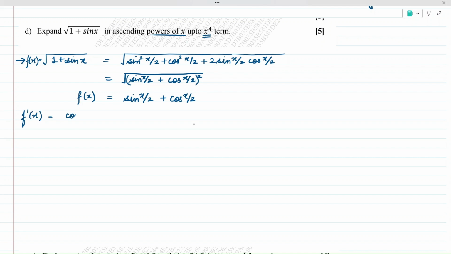Sin का डेरिवेटिव होता है cos, एंड चेन रूल से x by 2 का डेरिवेटिव 1 by 2. cos का डेरिवेटिव इज नेगेटिव साइन, अगेन चेन रूल से x by 2 का डेरिवेटिव 1 by 2. f डबल डैश जब लेंगे तो 1 by 2 एज इट इज. cos का डेरिवेटिव हो जाएगा नेगेटिव साइन, एंड एक और 1 by 2 आएगा तो 1 by 4 हो जाएगा. अगेन नेगेटिव साइन एज इट इज, साइन का डेरिवेटिव cos.